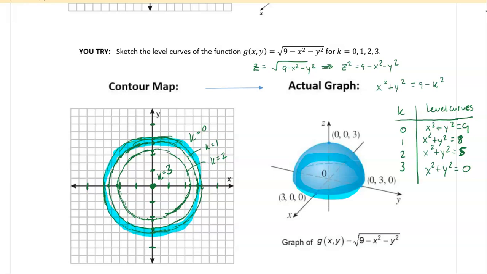Let's write ourselves a note that we're steeper here, and then maybe flatter up here near the top of it.